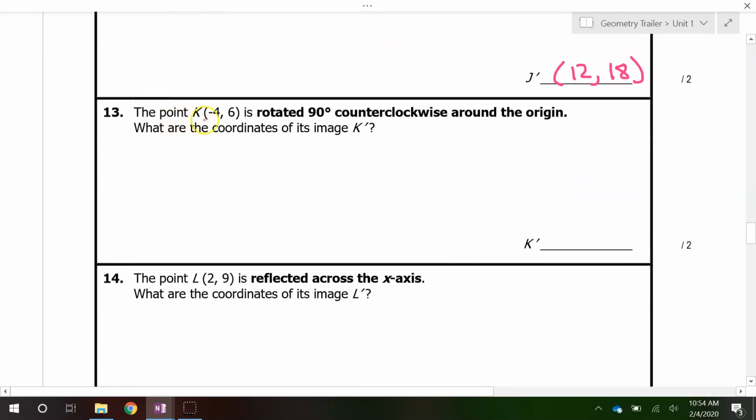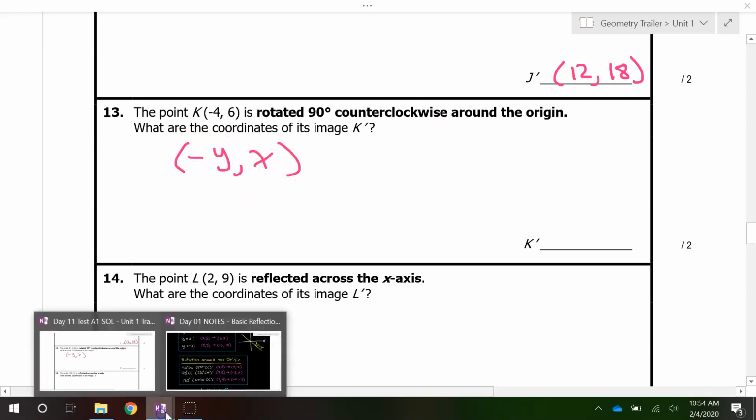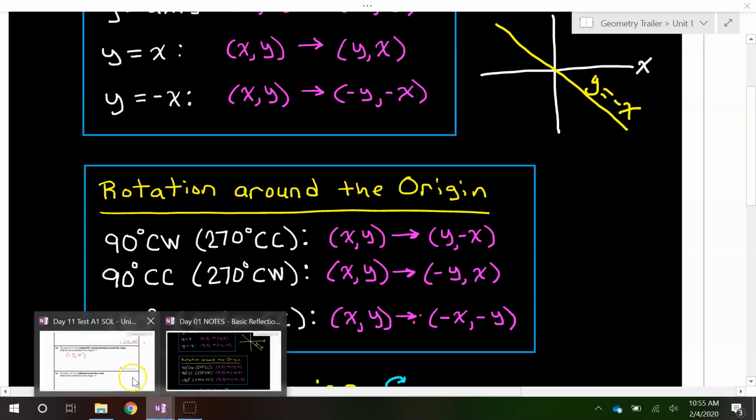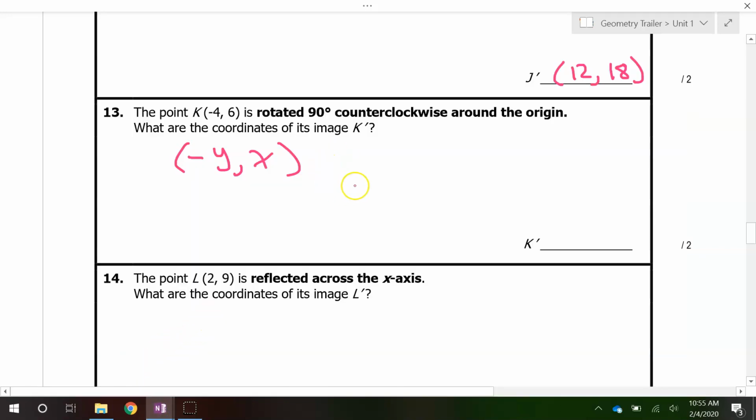Now this point is rotated 90 degrees counterclockwise. All right, so we have to remember that the rule for that is opposite of y, comma, x. And this is why it's so important to memorize these rules. Here we have 90 degrees counterclockwise, opposite of y, x. But that has to be in your head. So let's see, the opposite of y is going to be -6.